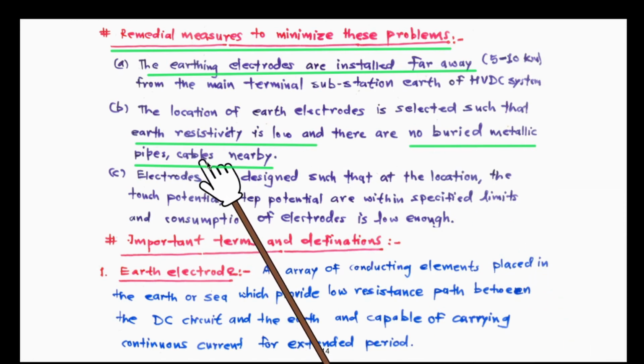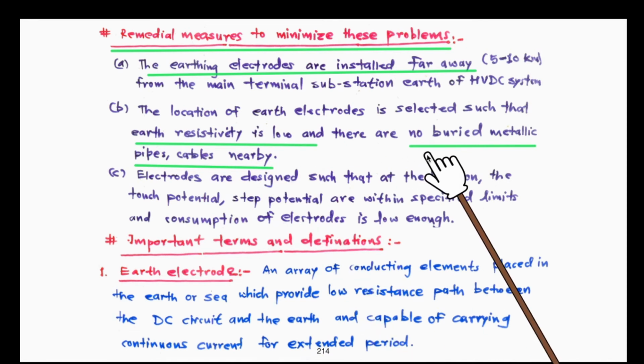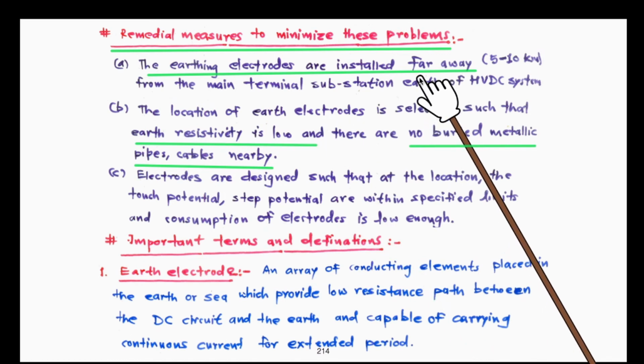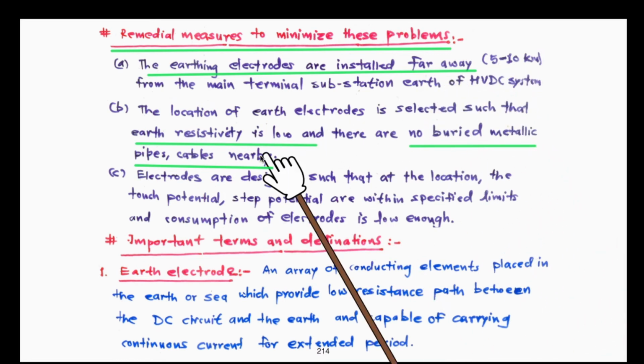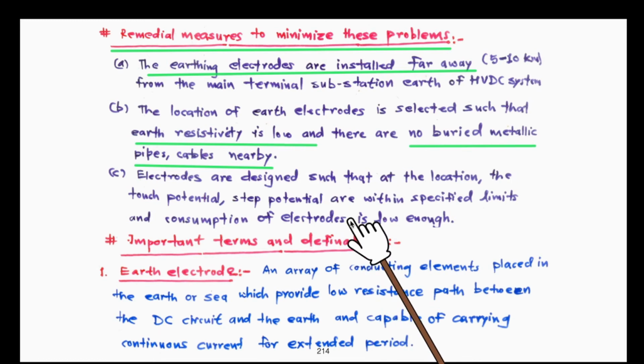Maybe some pipelines are there, some cables. So mapping has to be done. The earth electrode is to be installed far away, but we have to ensure that earth resistivity is checked, because we would like current to flow through the earth, and it has to have low earth resistivity, right?